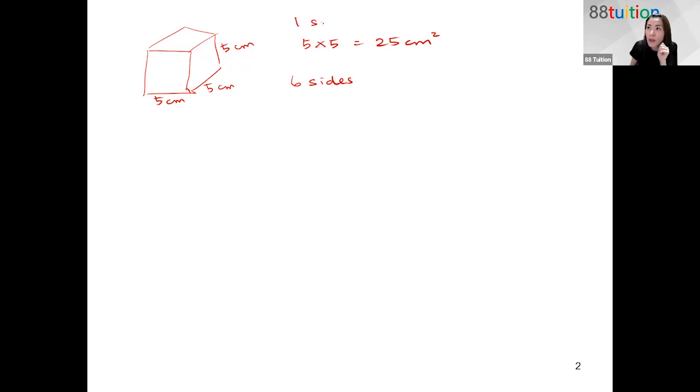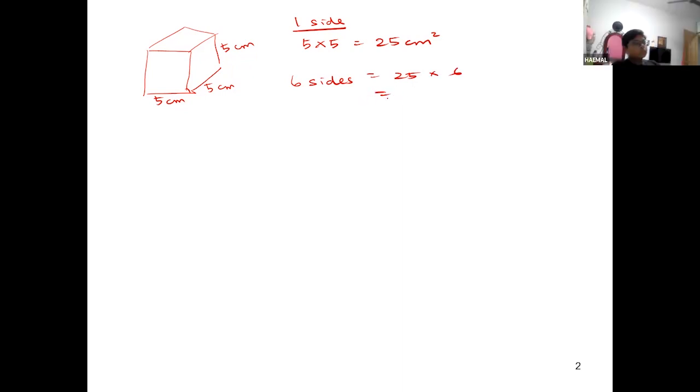So this is the area for one side. You are going to take 25 times 6. Agree? So what is this value here? 150. Very good.